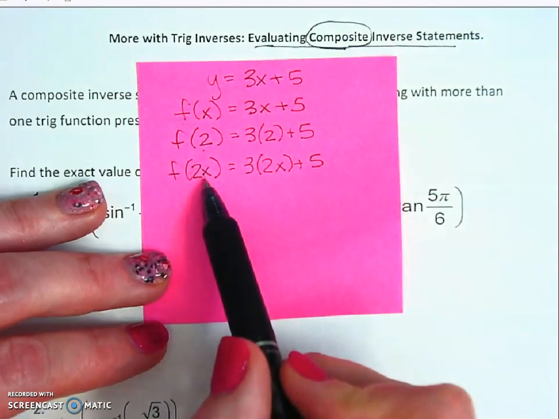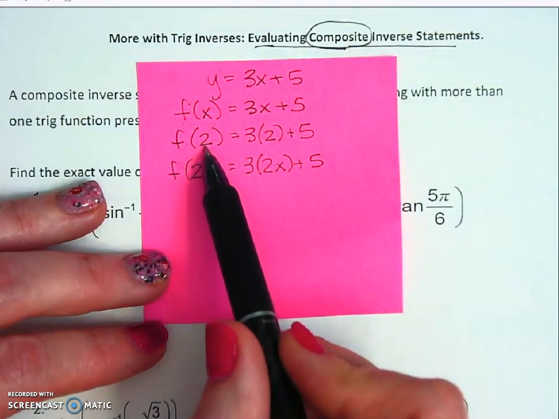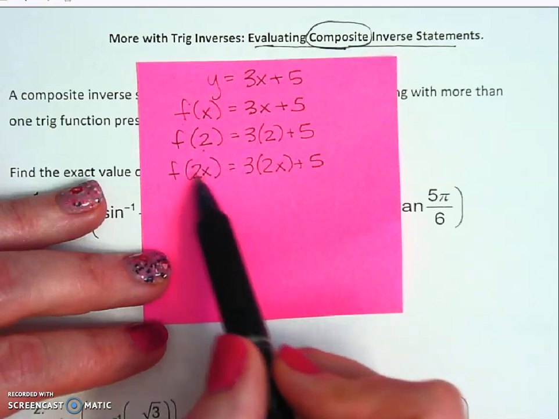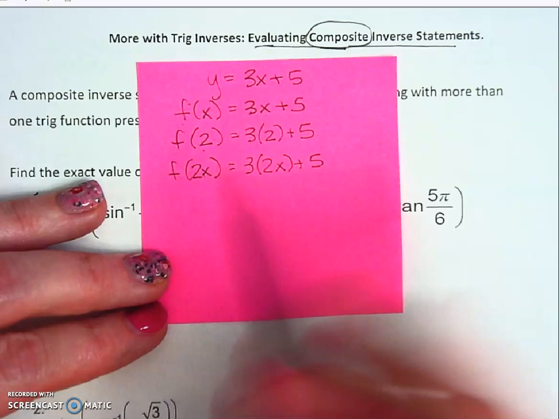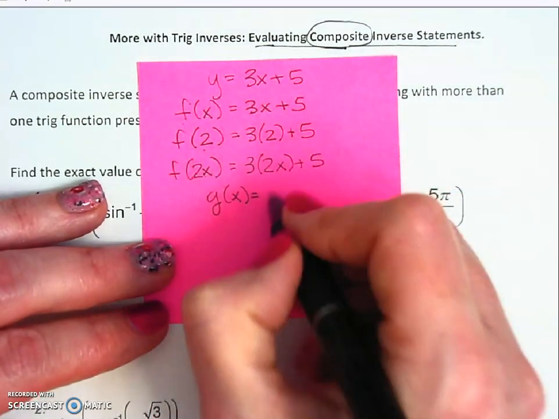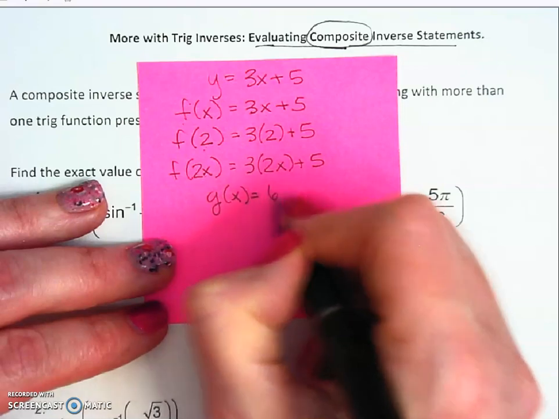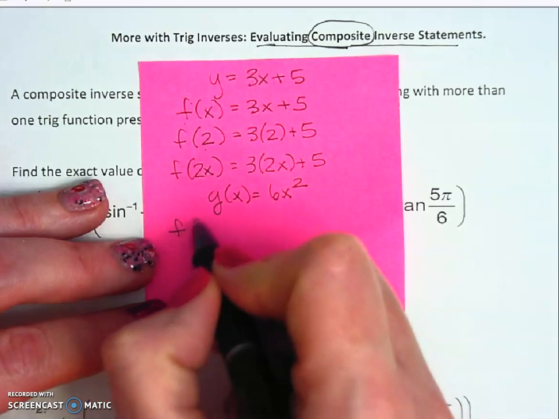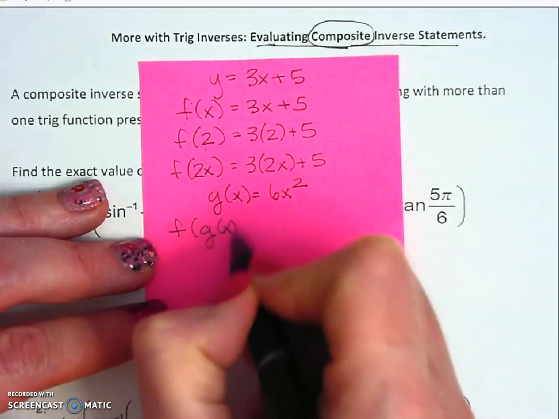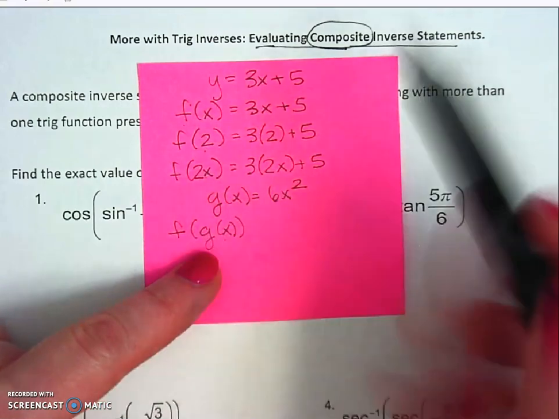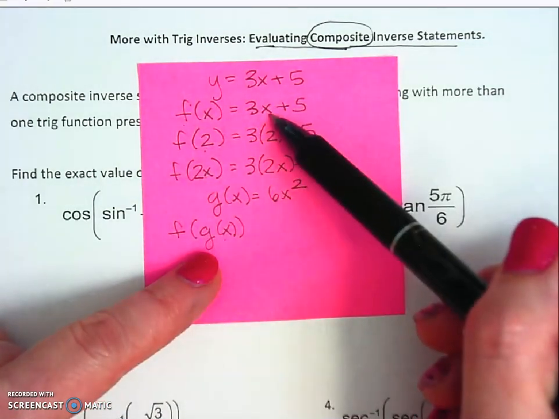And not only does it not have to be an integer or an algebraic expression, I could substitute an entire other function in here as well. So let's say I had this function, g of x equals 6x squared. And then if I write this notation, I'm now taking whatever g of x is and plugging it into f where the x is.